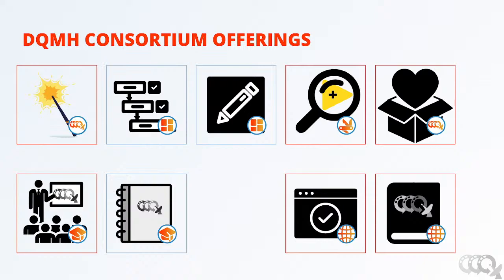And then, of course, we have the DQMH Consortium style guide, one of the style guides out there. The style guide goes hand in hand with our VI Analyzer test suite. So there's the upside for that. Feel free to go and look at those products on the website, dqmh.org.